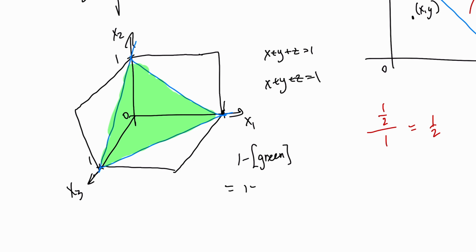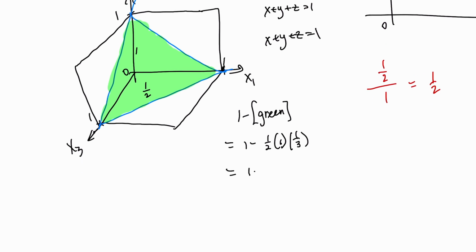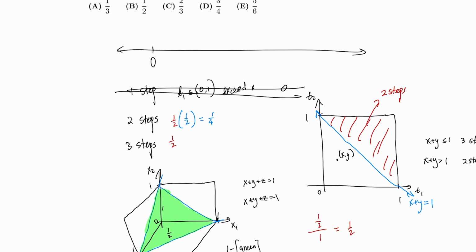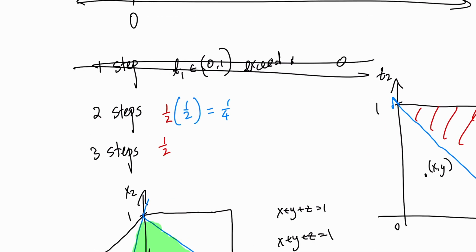So that is 1 minus, that's just a pyramid. So we have a base area of 1/2 and a height of 1. So 1/2 times 1, don't forget to multiply by 1/3 because it's a pyramid. And that is going to be 1 minus 1/6, or 5/6 probability that if she takes 3 steps, then she will be able to exceed 1.